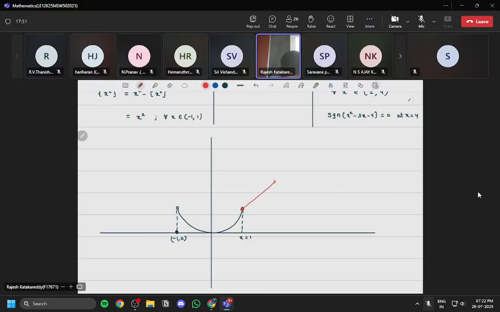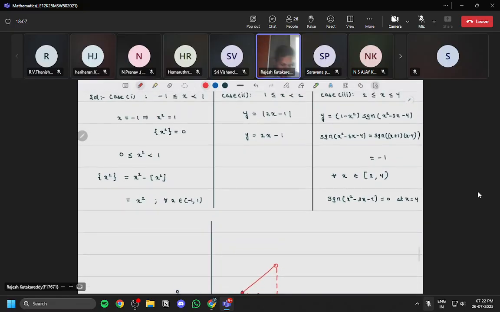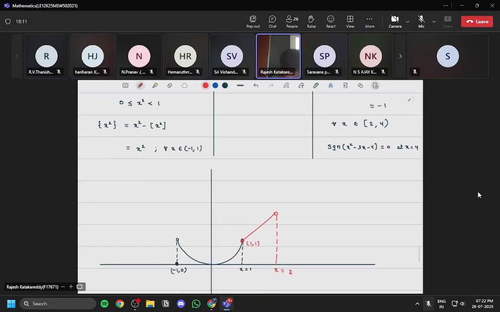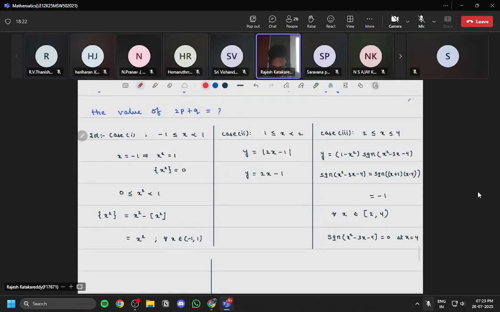At 2, it will stop. When x is 2, 2 twos are 4, 4 minus 1 is 3. So 2 comma 3. Right?